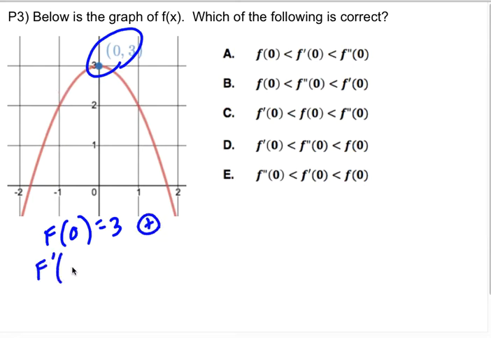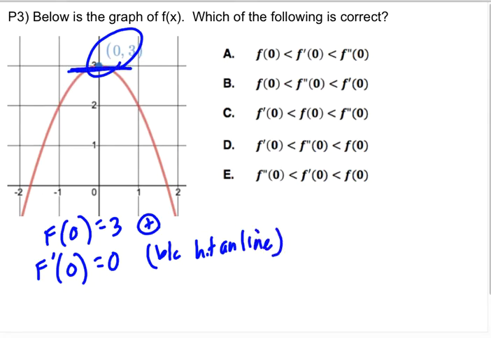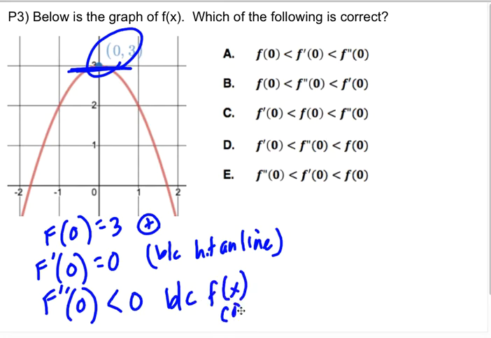F prime of 0 is 0, because there is a horizontal tangent line there, right? You can see that this is a horizontal tangent line, right? And f double prime of 0 is less than 0 because f of x is concave down.